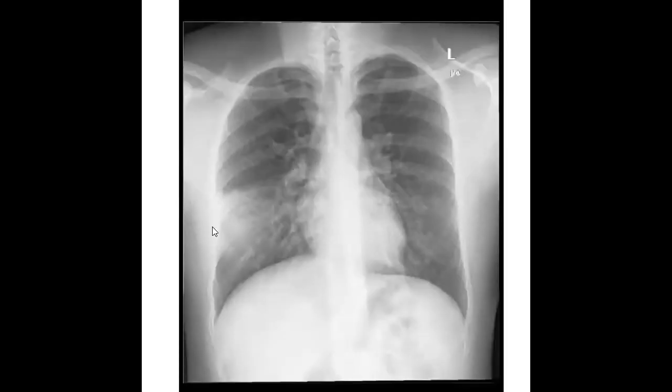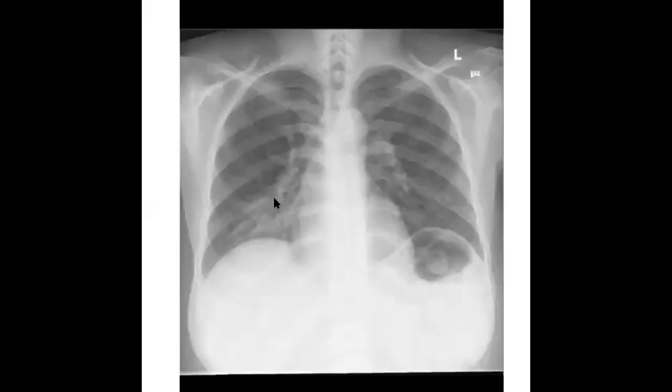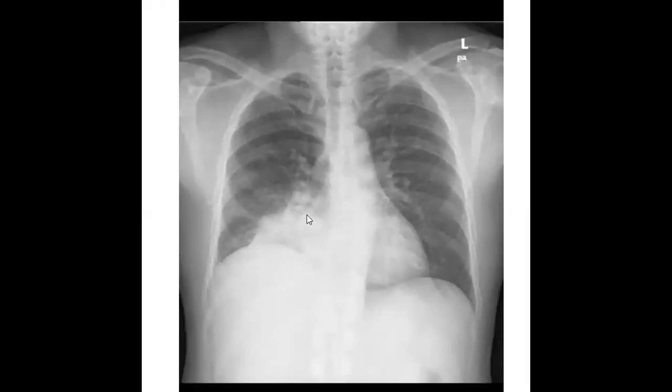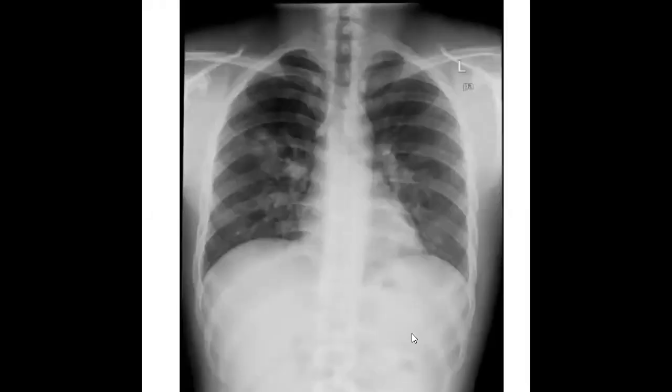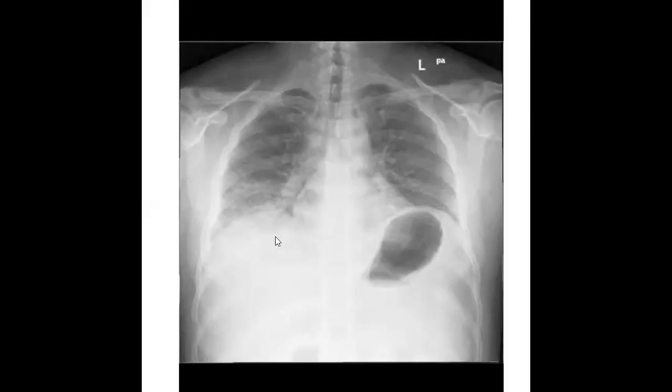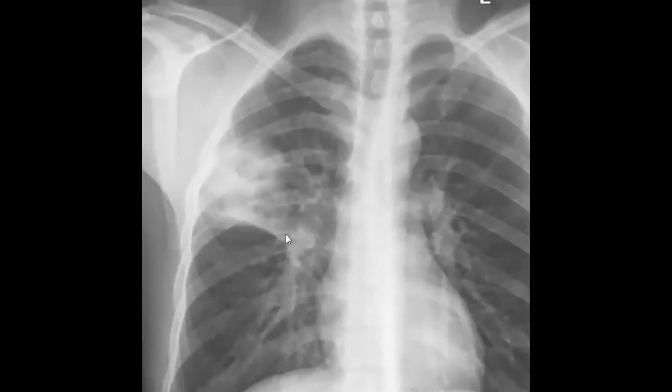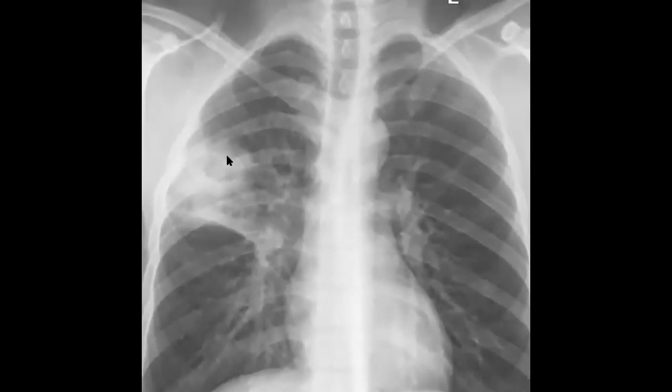Sometimes it's easy like this, but sometimes it's difficult like this. Also, this is a type of consolidation, right lower lung lobe. And here in the right mid zone, maybe possibly here also. This one is clear. This one is much clearer. And this one, you should suspect TB. Why?